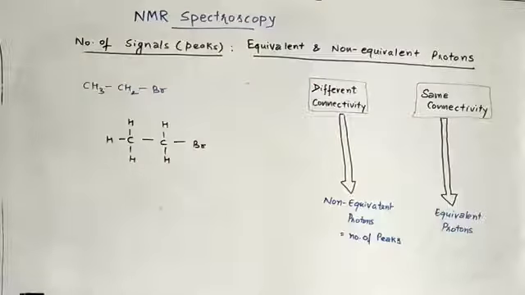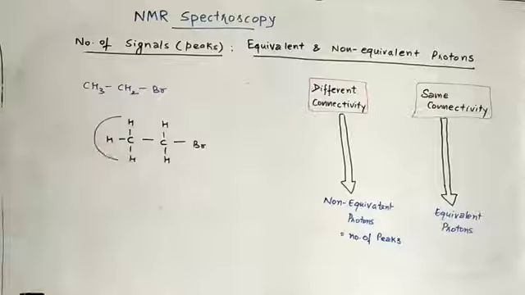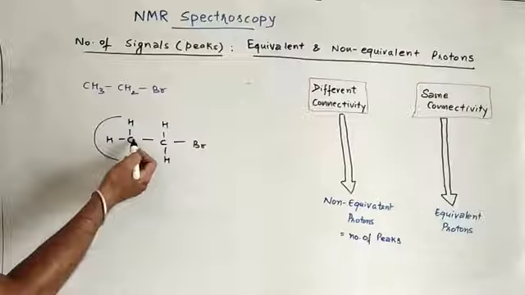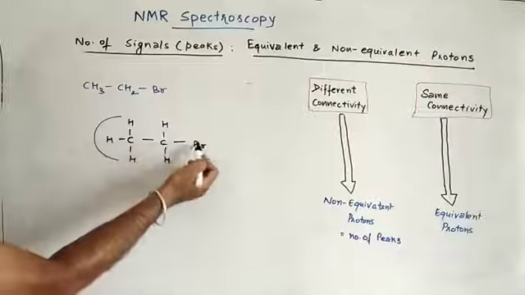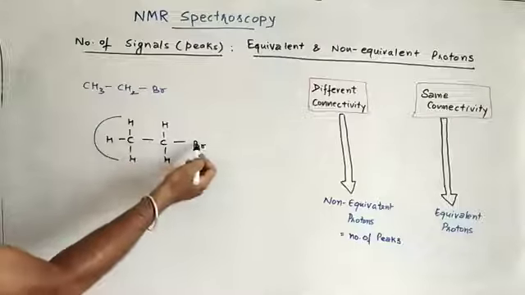Now compare. These 3 protons are equivalent. This proton is connected to carbon, Br. This proton is connected to carbon, Br.